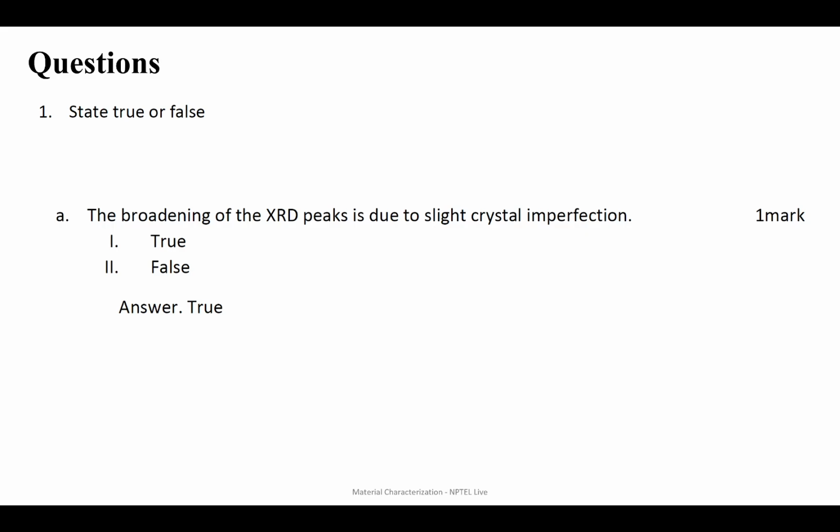So it is true, because if your crystal is imperfect, then it will have variable d-spacing, and for the same orientation there will be multiple d-spacings, so that will result in a broadened peak.